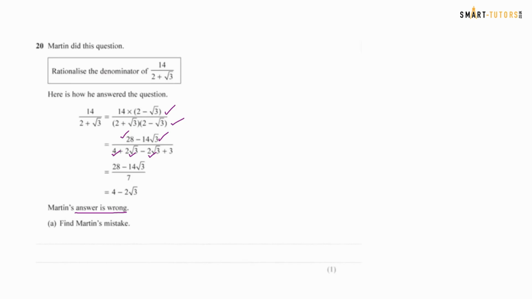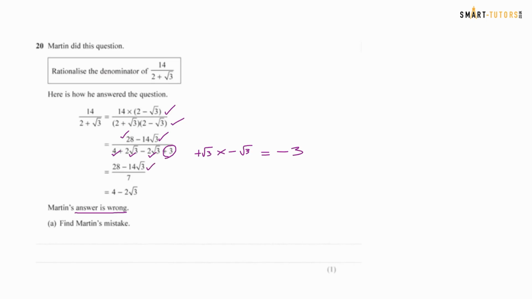Then the last one, plus root 3 times minus root 3, that is where the mistake is. Plus root 3 times minus root 3 is minus 3, but he wrote it as plus 3.